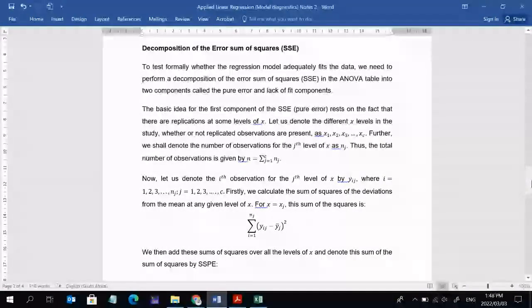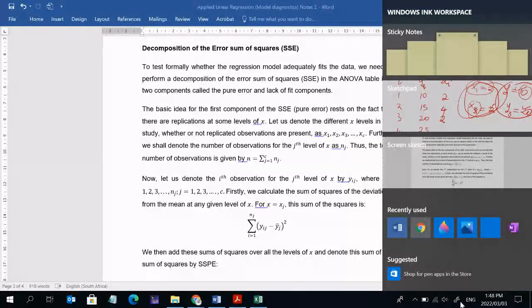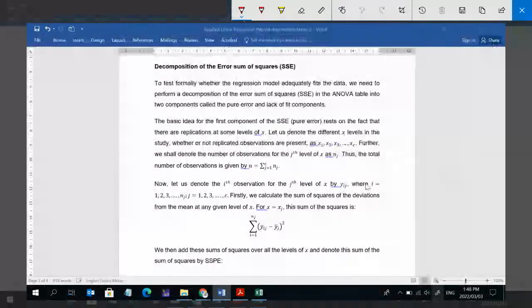So now we are going to do it like this. We are going to denote the number of levels. Let me go back to the whiteboard.